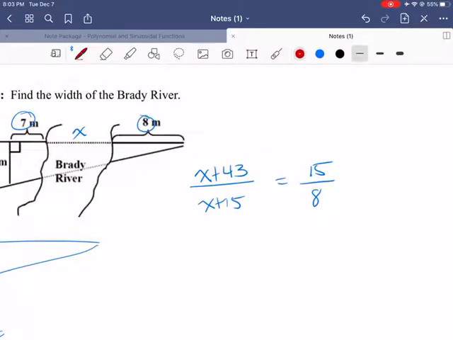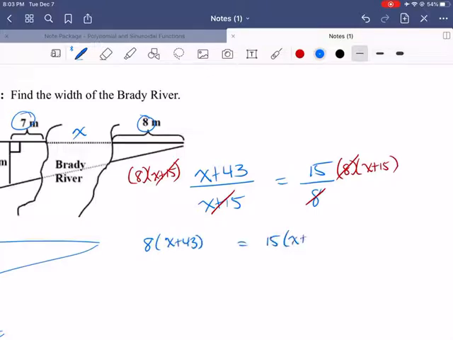Now, if you solve, multiply each side by 8 and x plus 15, that simplifies to 1 and that simplifies to 1. So you're going to be left with 8 multiplied by x plus 43 equals 15 multiplied by x plus 15. This equals 8x plus 344 equals 15x plus 225.